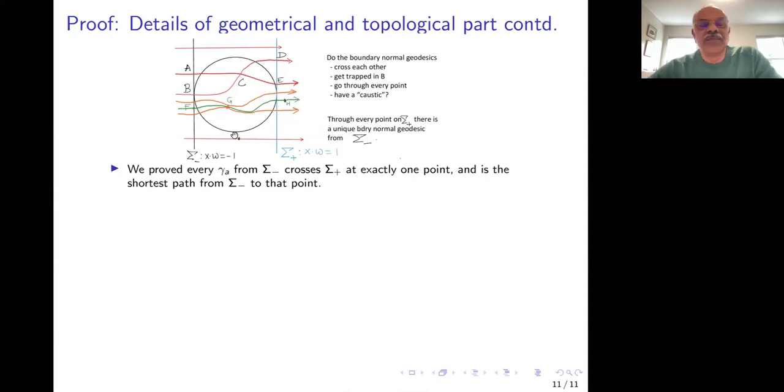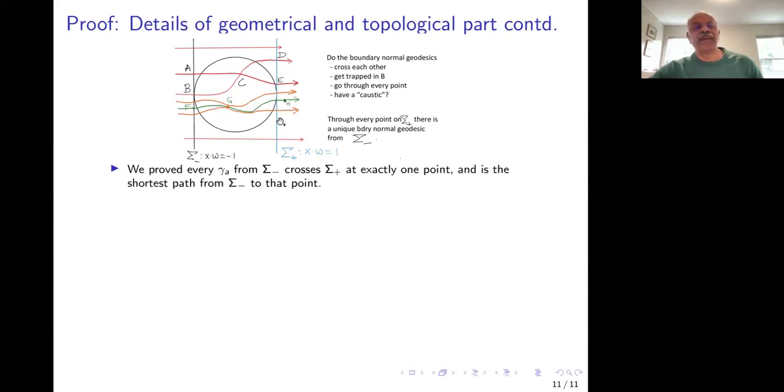A similar argument applies if there is a focal point, let's say at G. There is a theorem, one can look it up in O'Neill's book, that if there is a focal point G on this geodesic, then for a point H later on the geodesic, there will be a shorter path from sigma minus to H than this green path.